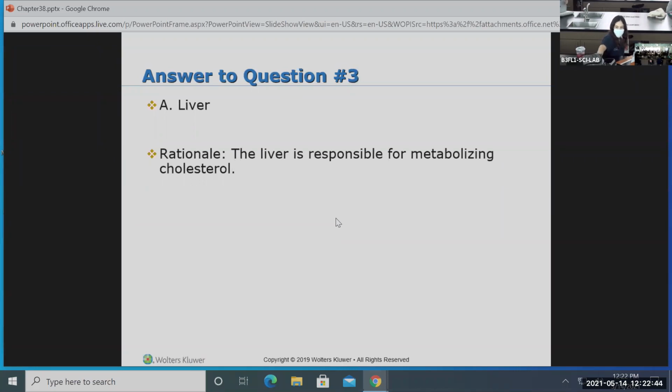For the jaundice, for the hepatobiliary system, please know the normal anatomy. First of all, if you know the normal anatomy, you can handle any question.